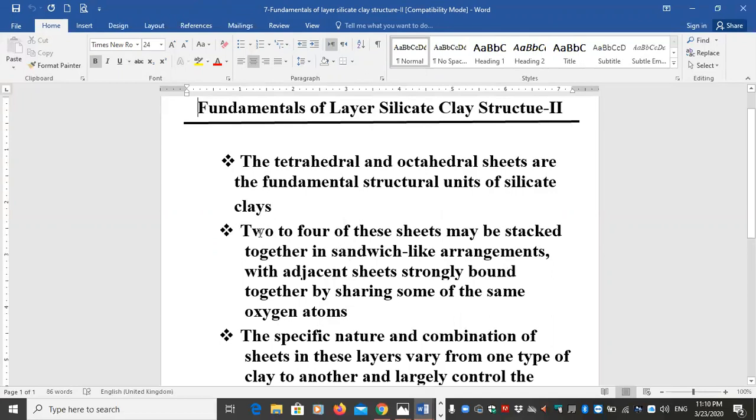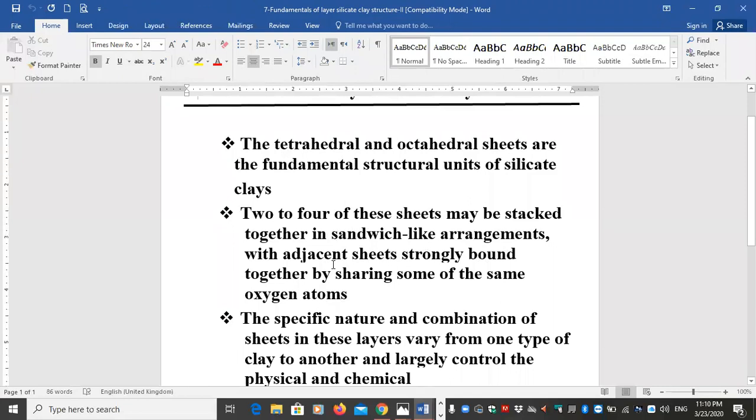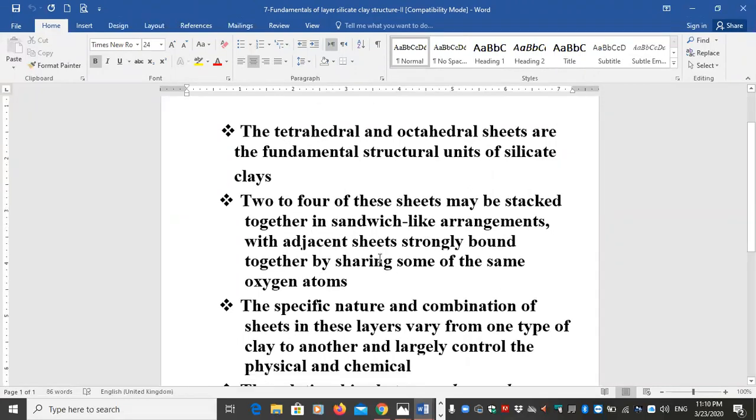So the number will vary from 2 to 4 of these sheets, the tetrahedral and octahedral sheets, stacked on top of each other, and the one that's different could be sandwiched between the other sheets. Okay, adjacent means the one immediately next to it.